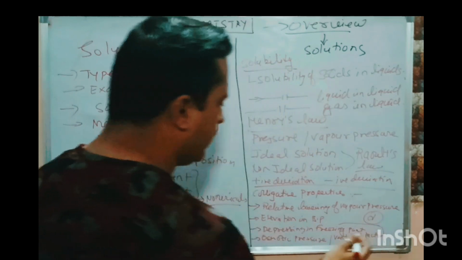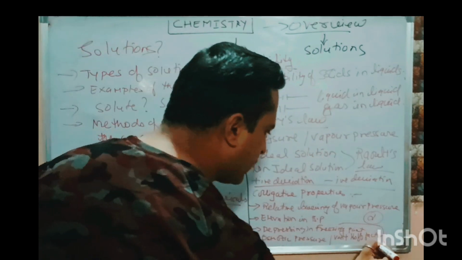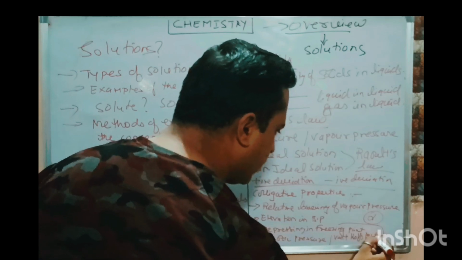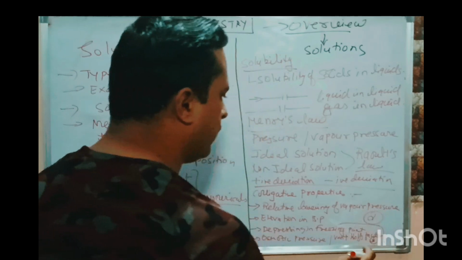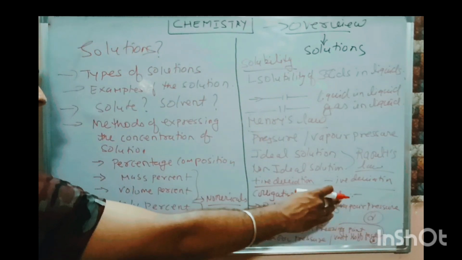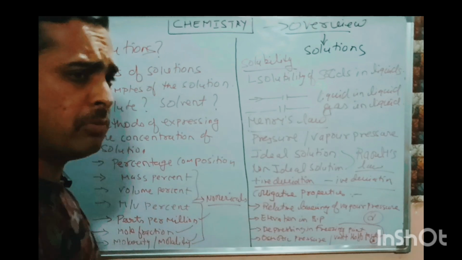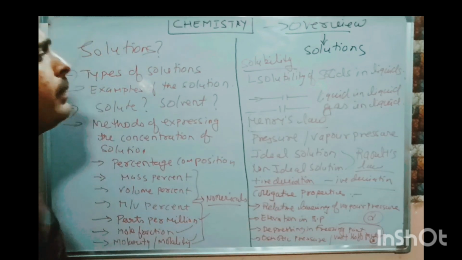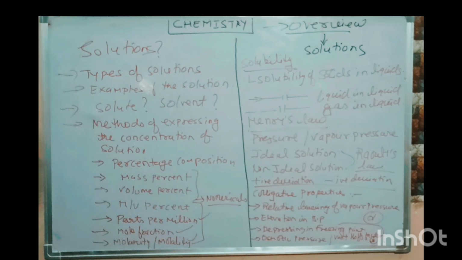So we will study how it is related to the Van't Hoff factor i. While it is not given in the NCERT book, we have questions regarding all these, so we will study a little bit deeper. This is all about what we have to study in this chapter, Solutions.